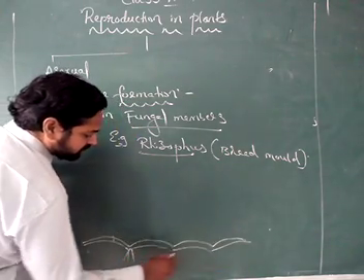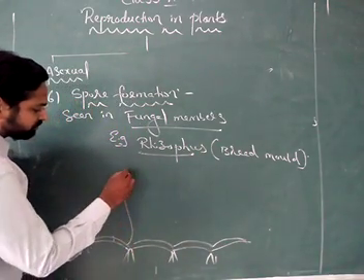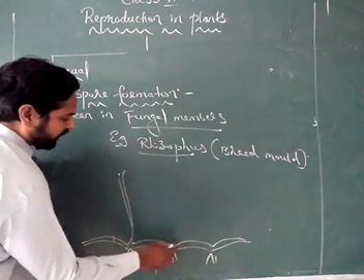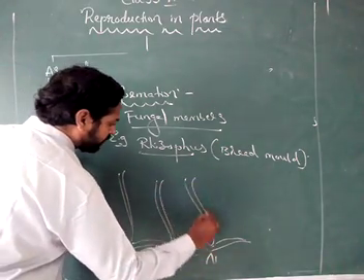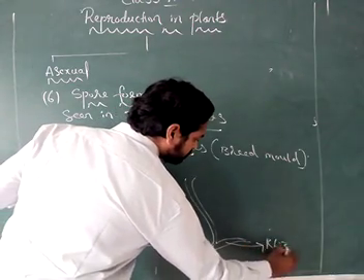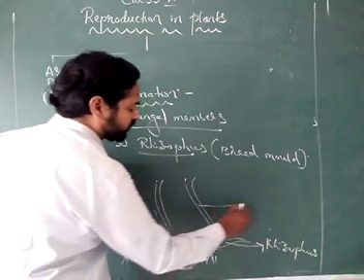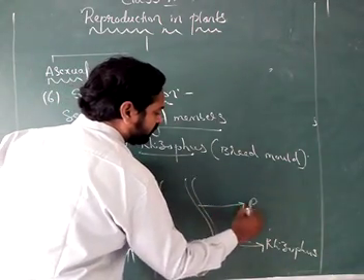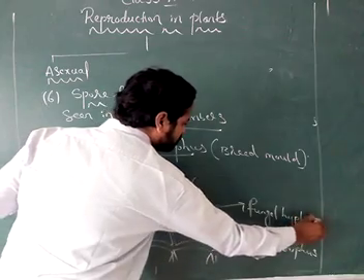This rhizopus bread mold shows thread-like structures. These thread-like structures are called fungal hyphae.